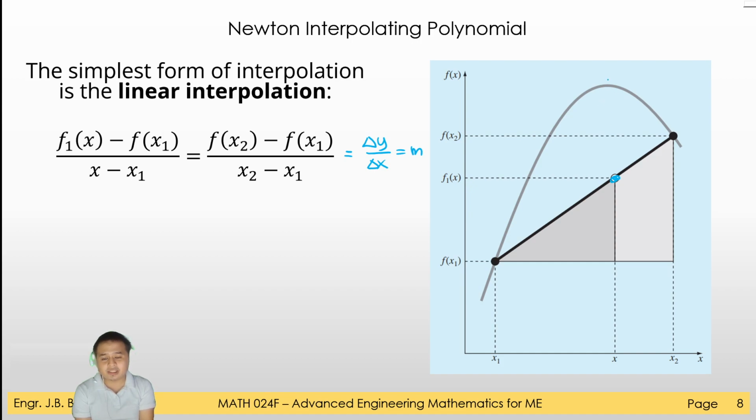The error of this estimation is the difference from the true value. As you can see, if you have a curvy graph, linear interpolation will usually have a large error.